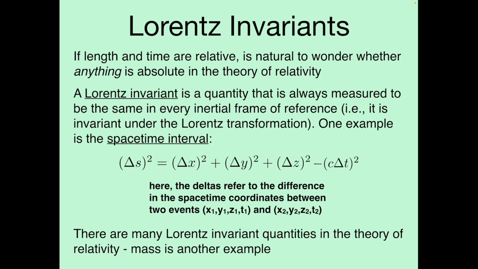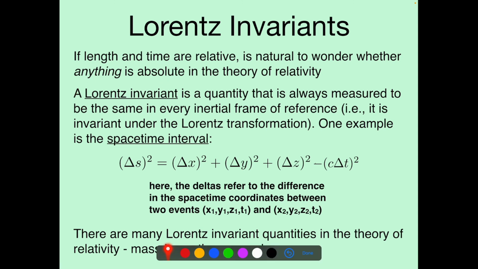Two different people in different frames of reference can disagree about how much time passes between two events. So it's natural to wonder whether anything is absolute. Is there any sort of quantity that everybody can agree on regardless of their frame of reference? Well, it turns out the answer is yes. This is what we would call a Lorentz invariant.